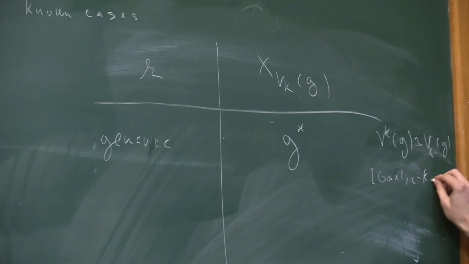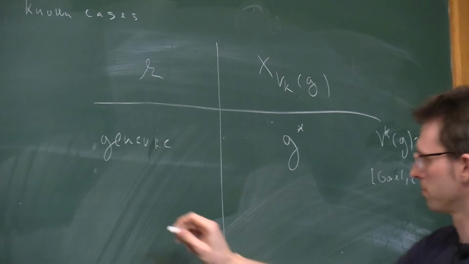So we know for which levels the universal affine vertex algebra is simple.